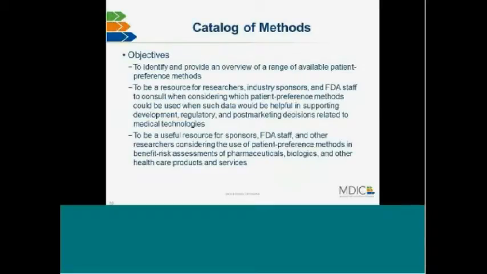So the objective of the catalog was really to provide an overview of the range of methods. It is not meant to be a systematic review. It is meant to take a look at what has been used out there and what could potentially be used out there to incorporate patient preferences into benefit-risk decisions. It is meant to be a resource, and in particular a starting point, where you can get an overview of the range of what is out there.